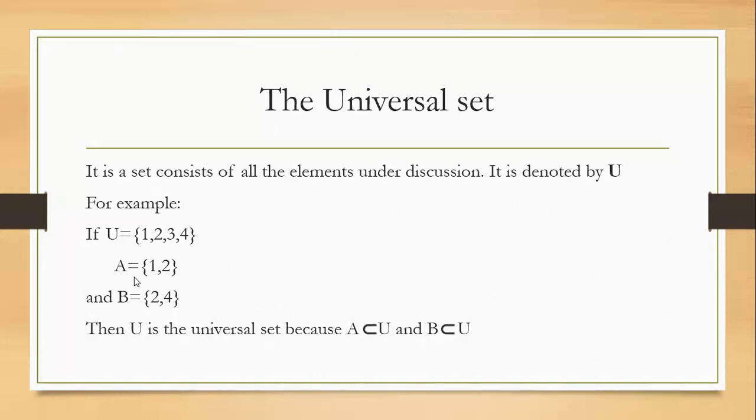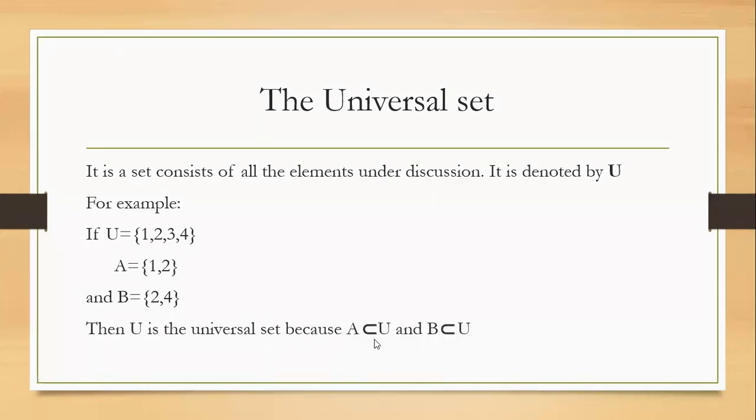Here you can see that A and B are subsets of U. So you can write like this: U is a universal set because A is a subset of U. A is a part of the universal set and B is a part of the universal set.